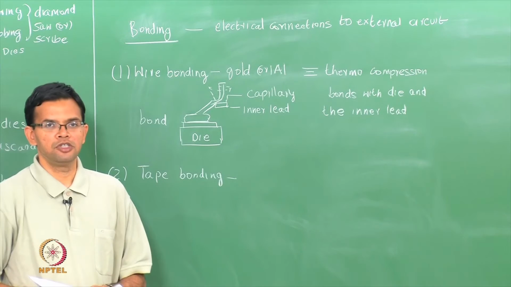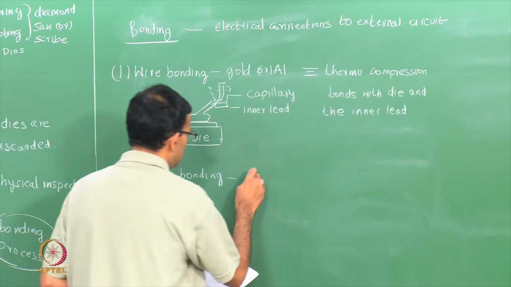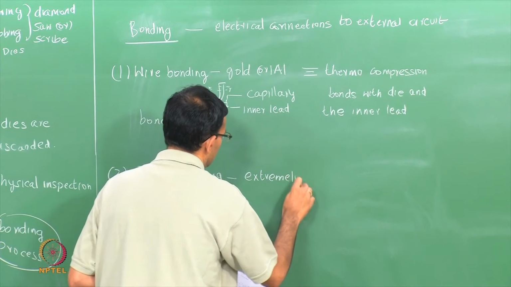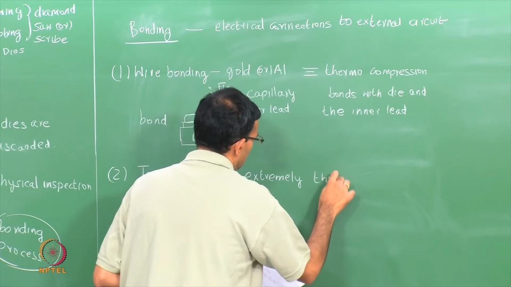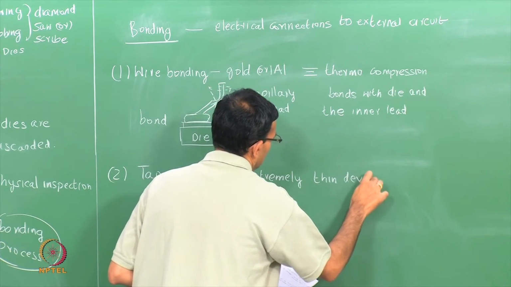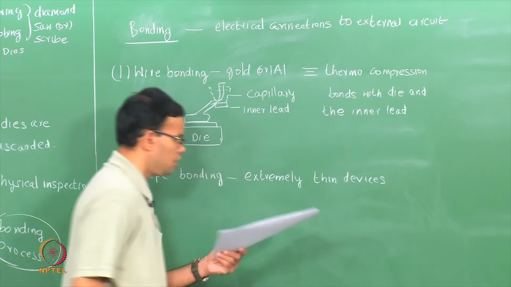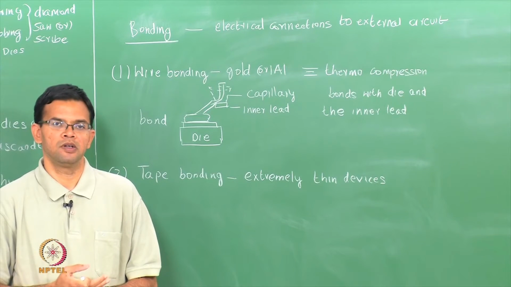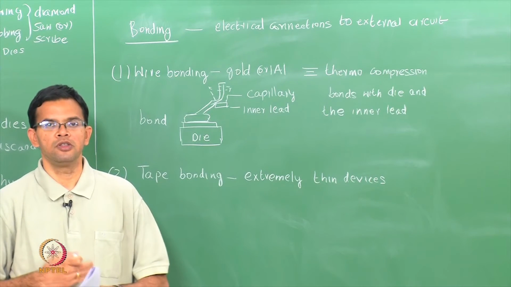It is mainly used for extremely thin devices. Here your bonding is usually in the form of tape, which are again bonded to both the lead and your die.